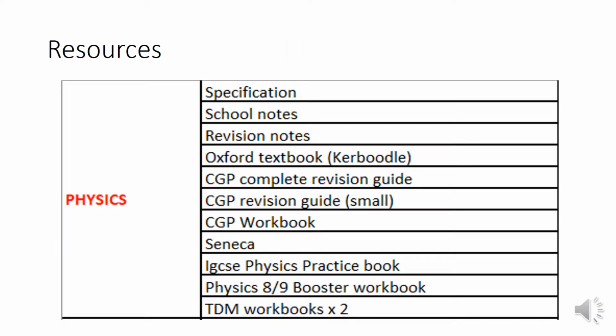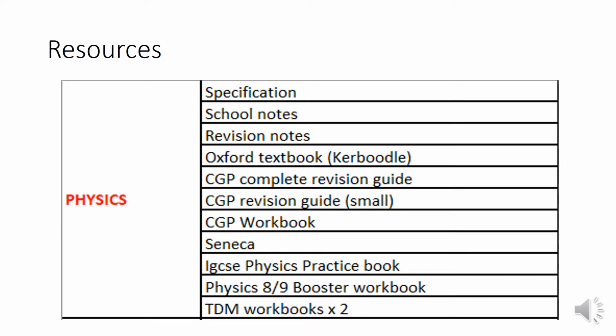And here is a list that I've compiled of all of my physics resources, starting from the specification, which is relevant to your exam board, obviously, and then your own school notes, your revision notes, the Oxford textbook, which arguably is the best, your CGP revision guides and workbook, a very useful revision online website called Seneca, 2 additional workbooks, and my school workbooks.